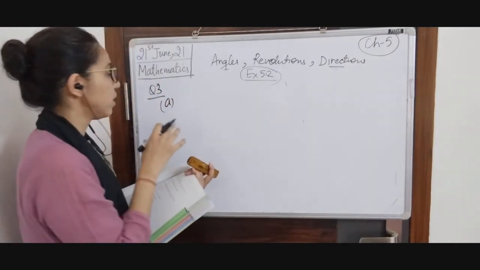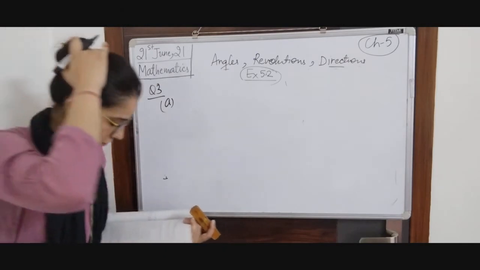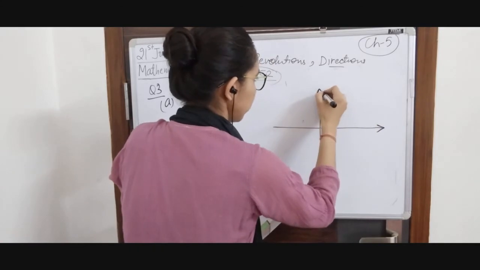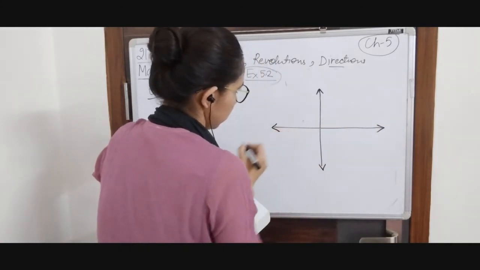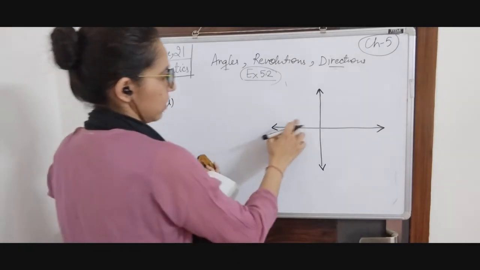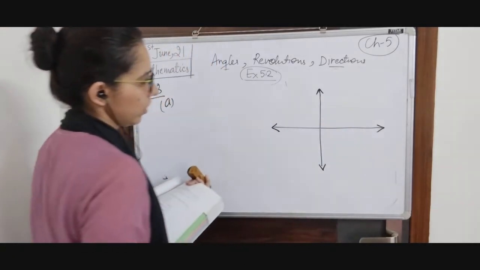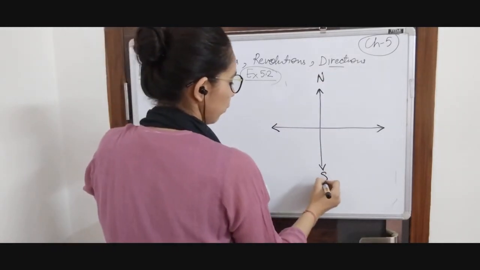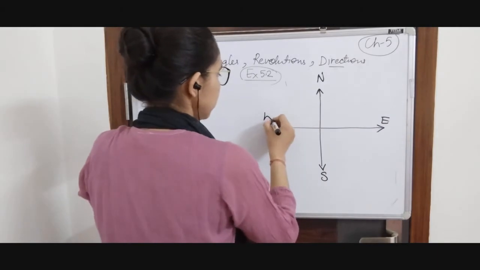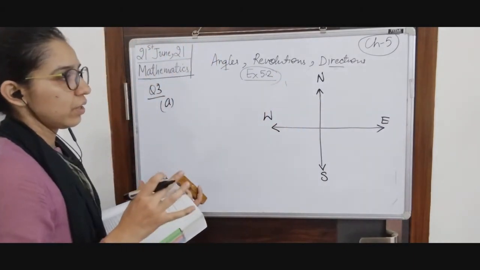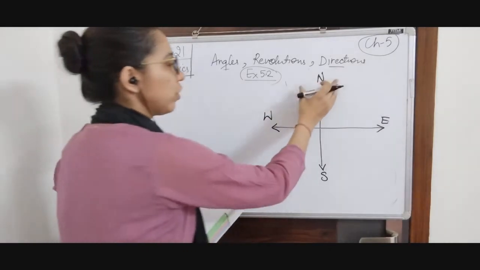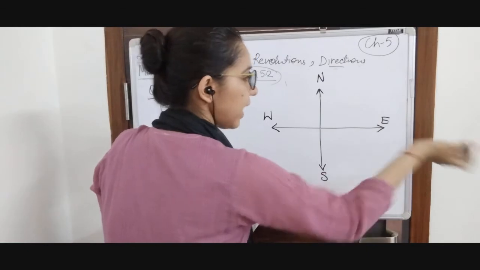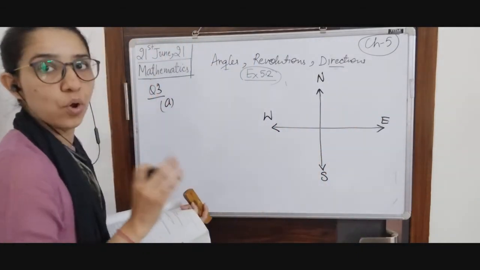For every direction question, we will start by making this direction picture. So it is your north, and it is going to be your south, east and west. These are the fixed notations that we are going to use. North is always going to head upwards, south, then east on the right hand side, and on the left hand side we are going to have west always.